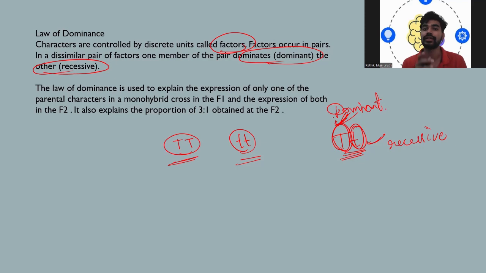The law of dominance is used to explain the expression of only one of the parental characters, especially in a monohybrid cross in the F1 generation.